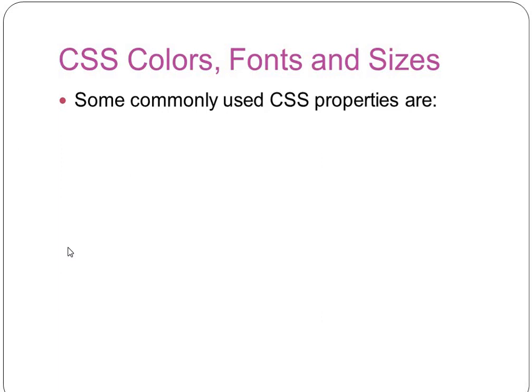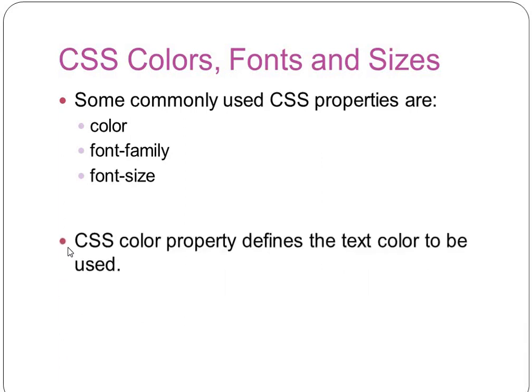So commonly used CSS properties for changing the format of a text are color, font family, and font size. So using these properties, you can change the style, color, and size of your content.